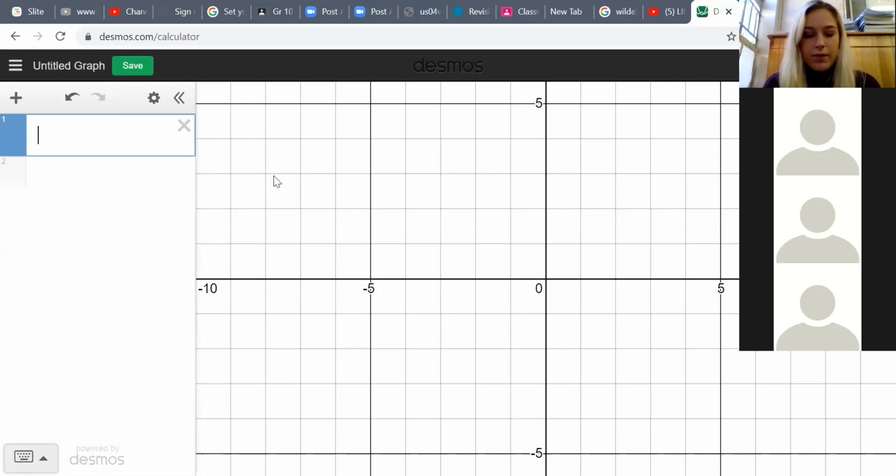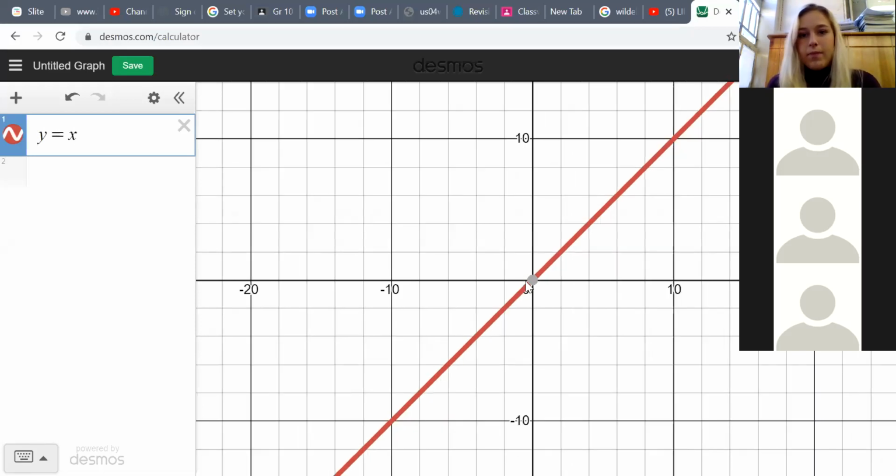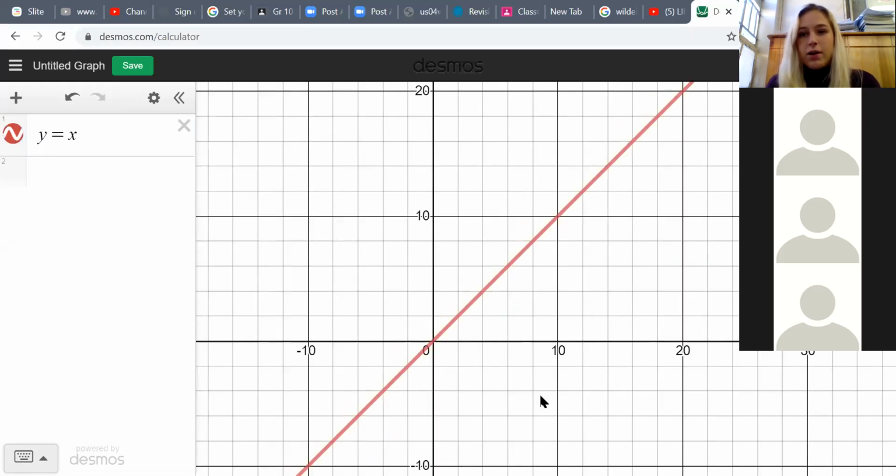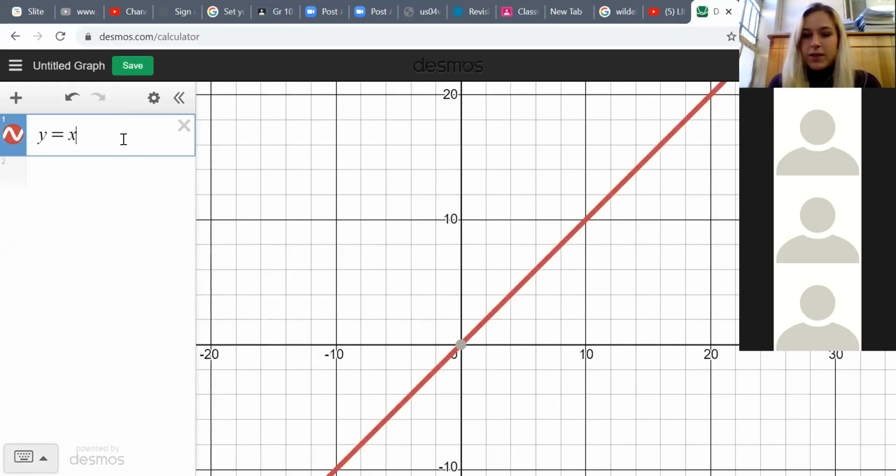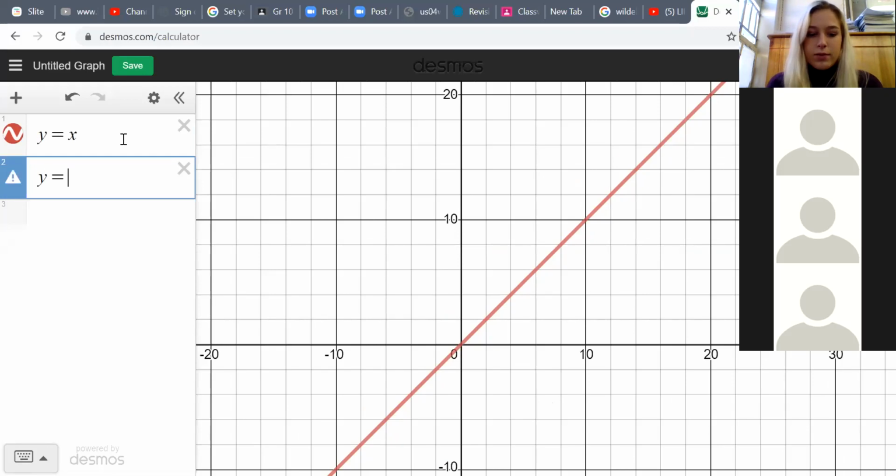I'm going to show you a linear one first. Let's do y is equal to x. We can see that that is going through our origin exactly like we thought. If we do y is equal to 2x, we are just changing our gradient. What happens if we make that y equals 4x? It's even steeper.